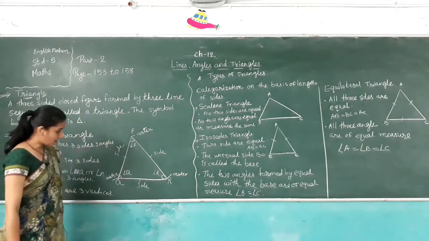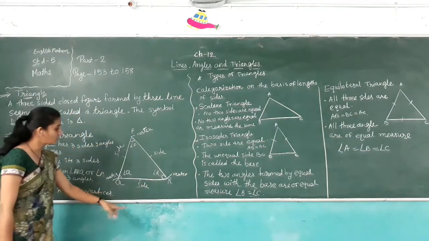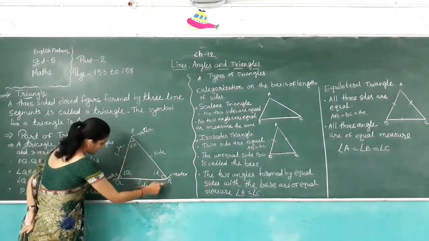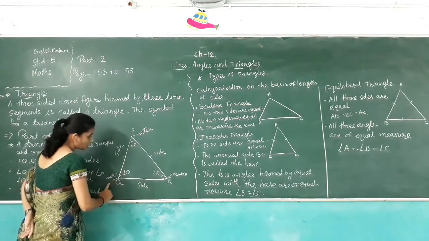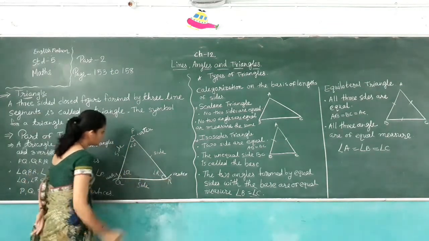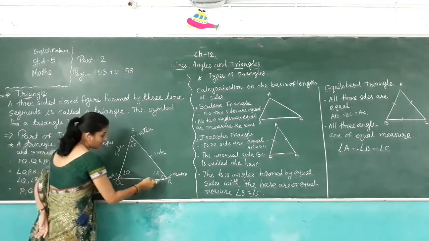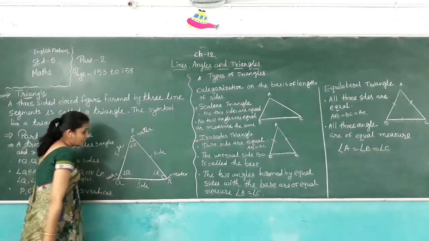Look here, a triangle is already drawn. Triangle PQR. This one is a side, PQ side, PR side and QR also a side. P is a vertex, Q also a vertex and R also a vertex. P is also an angle, Q also an angle and R also an angle.